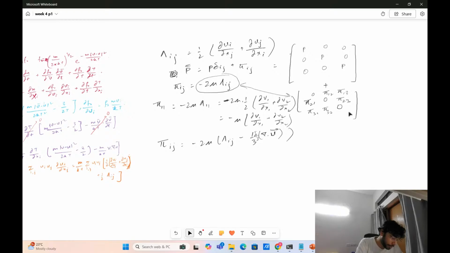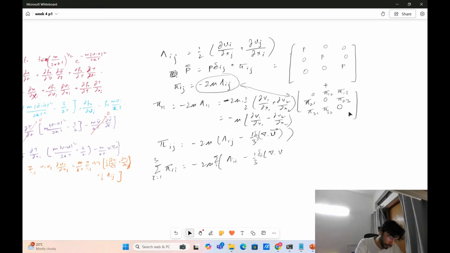So this will be the summation of pi ii for i equals 1 to 3. So this will be minus 2 mu lambda ii minus 1 by 3 delta ii, with summation over i, del dot v delta ii.